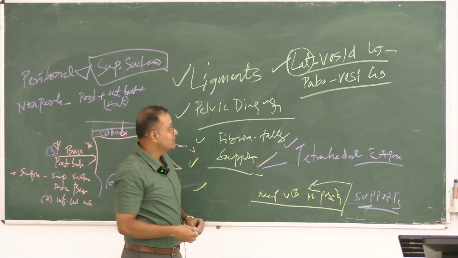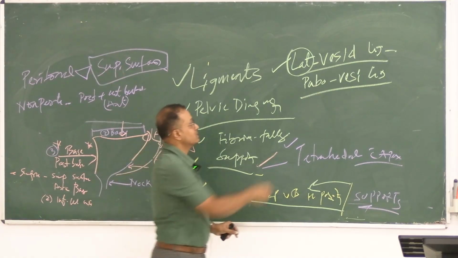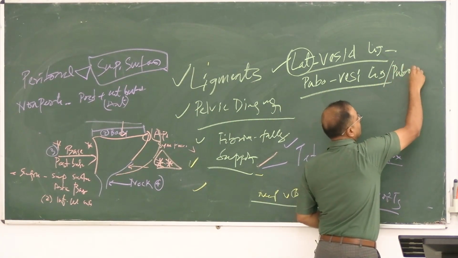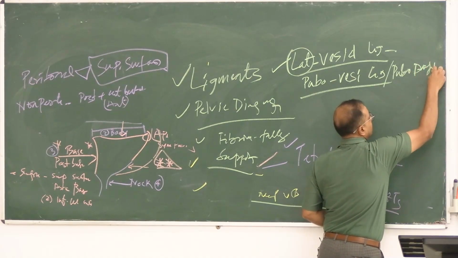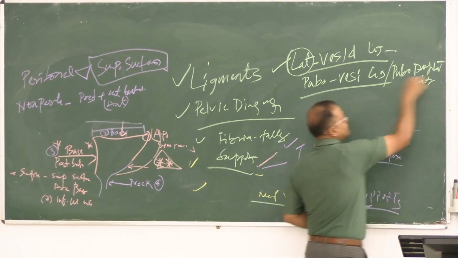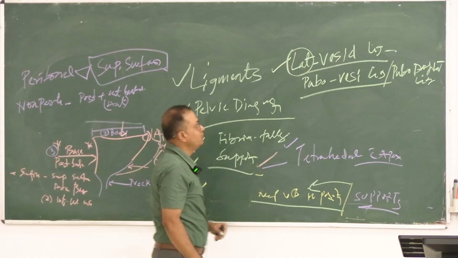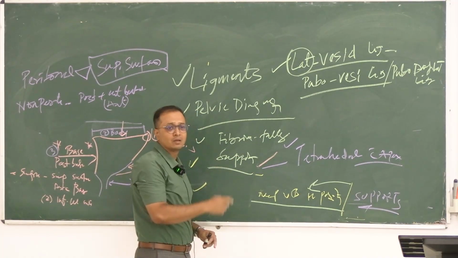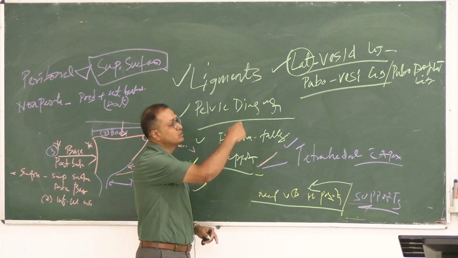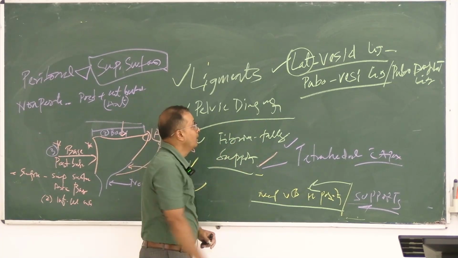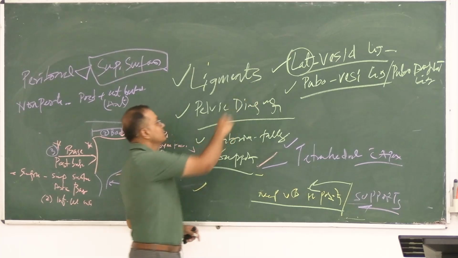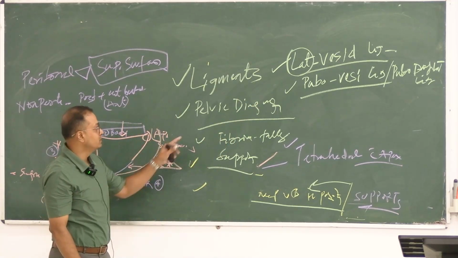In the male subject, this pubovesical ligament is called the puboprostatic ligament. They are the same: in the female, it runs from the pubis bone to the vesicle, and in the male, from the pubis to the prostate. These are the two ligaments that are important to us for holding the structures in position.